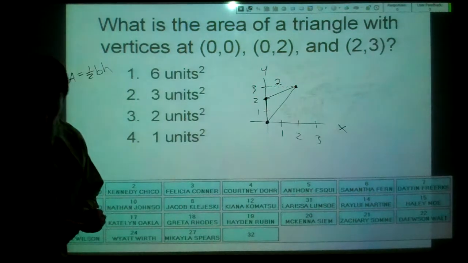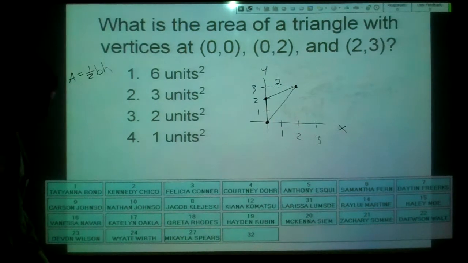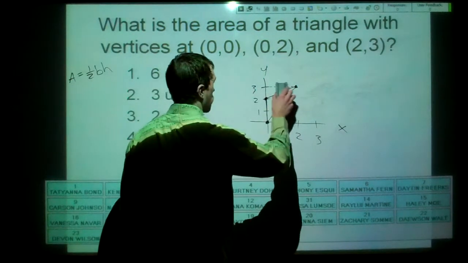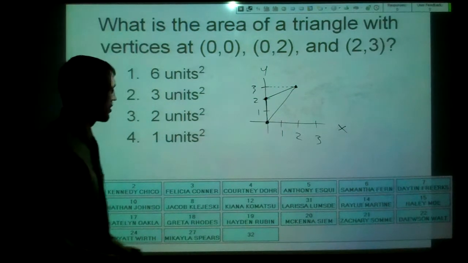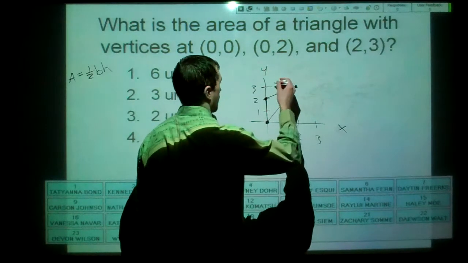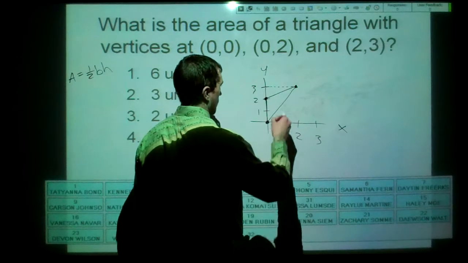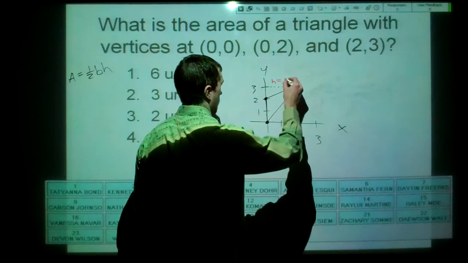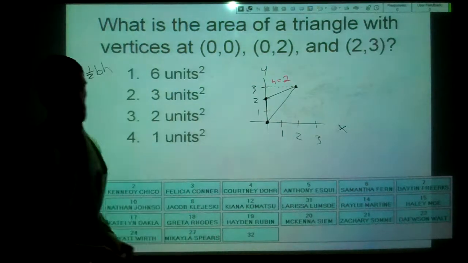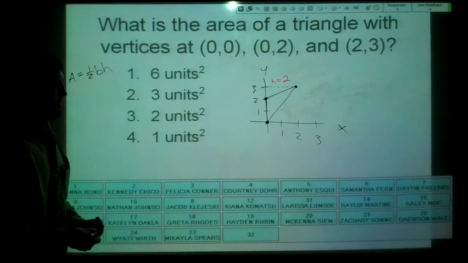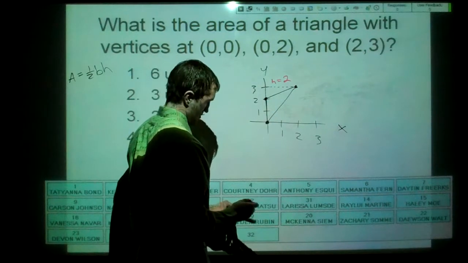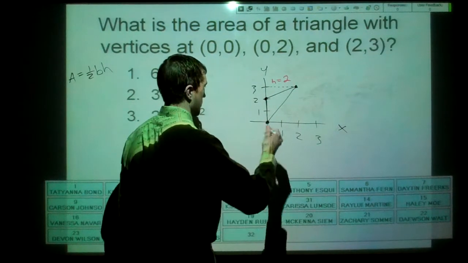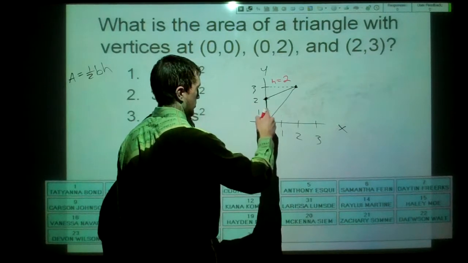Here, I'll use a different color for this. Let's see, so height equals 2. And we're all in units here, so that's just 2 units. That means our base would have to be this side right here. So base is 1, 2.